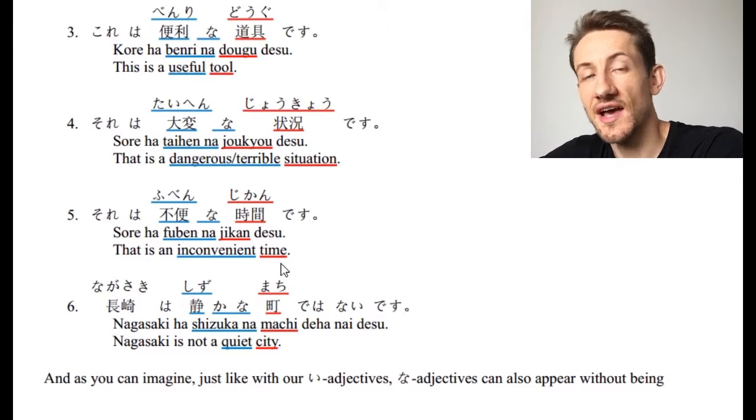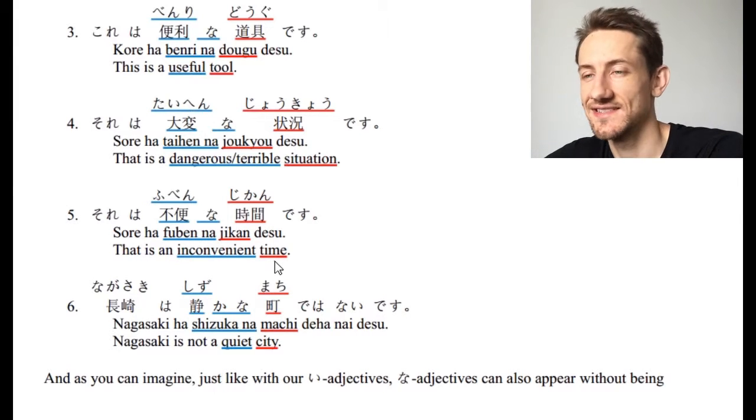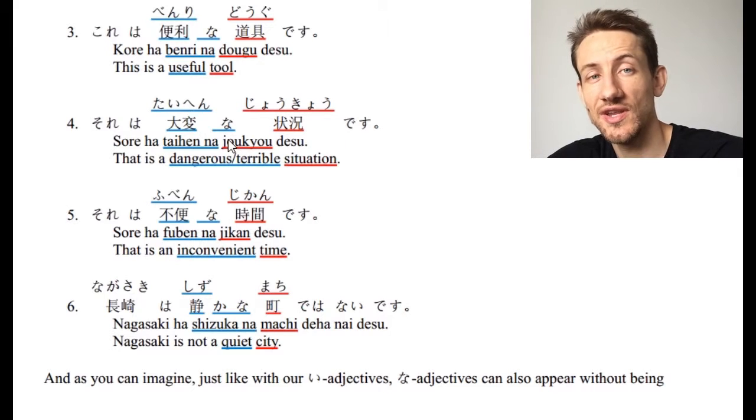And number six, 長崎は静かな町ではないです。Nagasaki is not a quiet city. So 静かな町。不便な時間。大変な状況. With our na-adjectives, we need to include na when they're connecting to the noun.